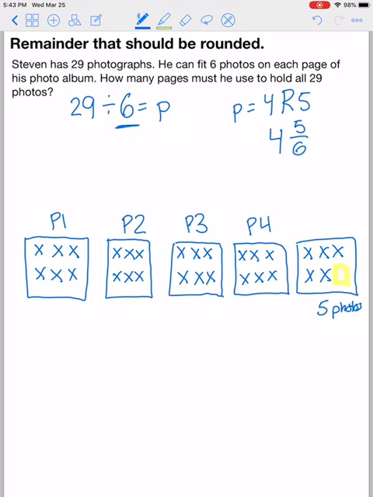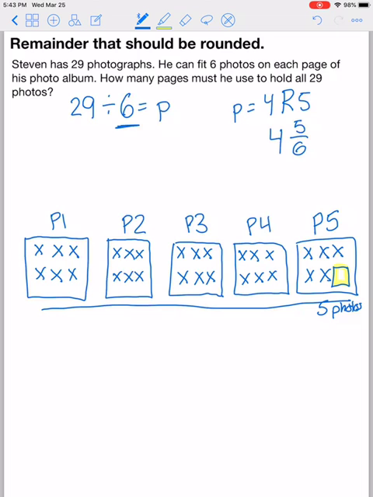But is Steven just going to get rid of this page and all of those photos? What if those photos showed important memories to him? He's going to want to include them. So this is where you would round up and you would just say that he has 5 pages, even though this one is not filled up equally.